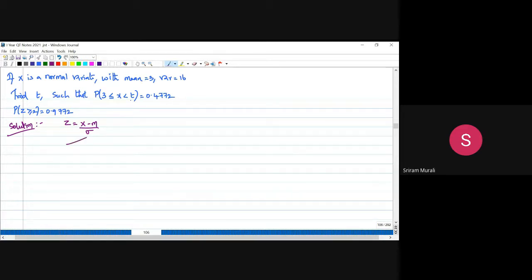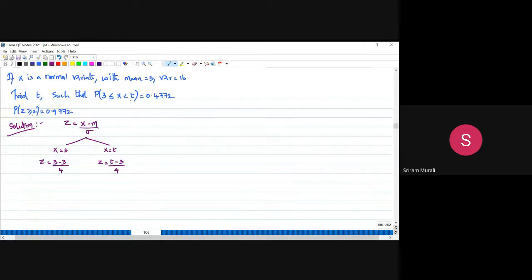The two cases to be discussed are x equal to 3 and x equal to t. So z is equal to 3 minus mean 3, divided by sd 4. In the other case, it is t minus mean divided by sd.